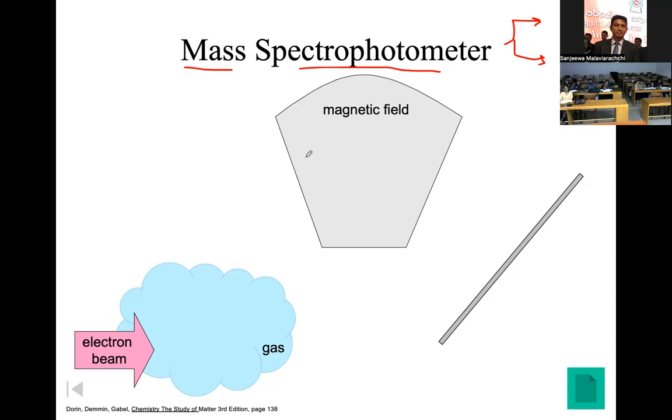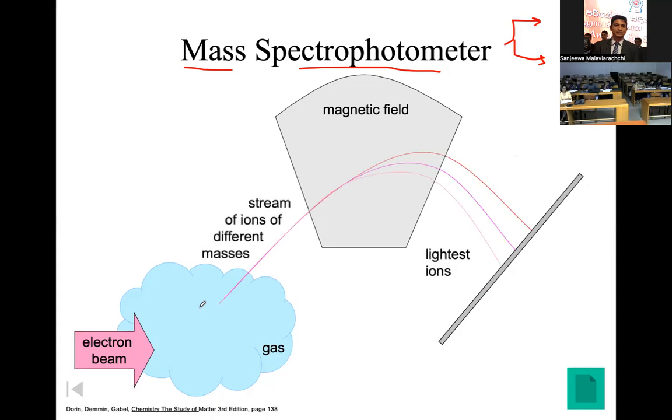So first, what you need there is an electron beam, right? This electron beam will produce some kind of gaseous material from the sample, because we have a sample here, and when this sample is bombarded with an electron beam.